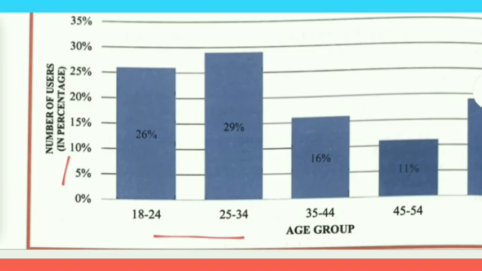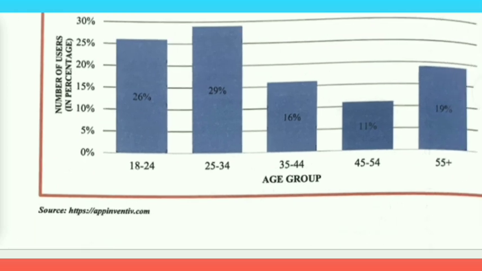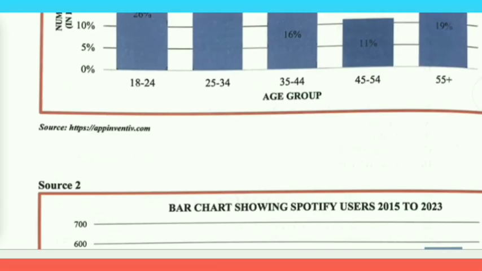And at the base, they're showing you the age groups. So let's look at it carefully. 18 to 24 is 26%, 25 to 34-year-olds account for 29%, 35 to 44 is 16%, 45 to 54-year-olds account for 11%, and anybody 55 and older is 19%.